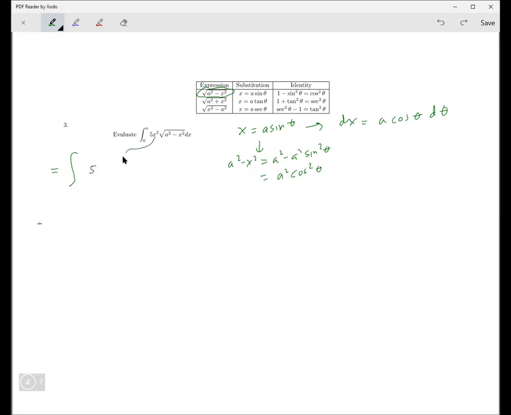So x squared is a squared sine squared theta. And then we have the square root of this, and then we have the dx part.